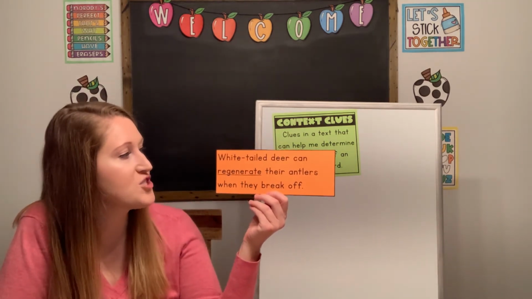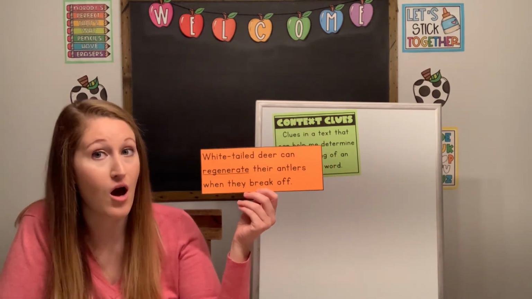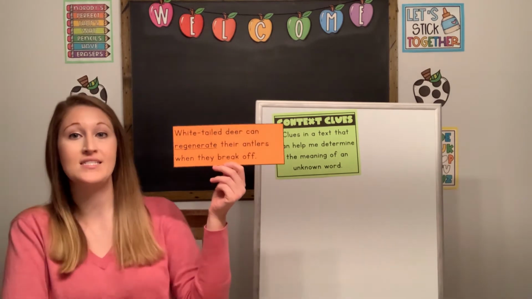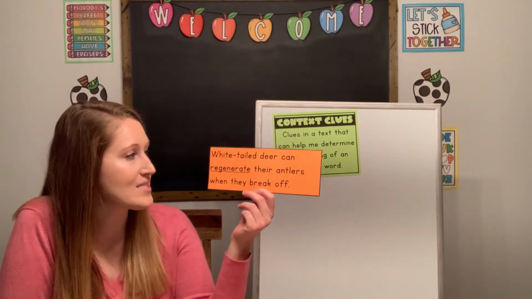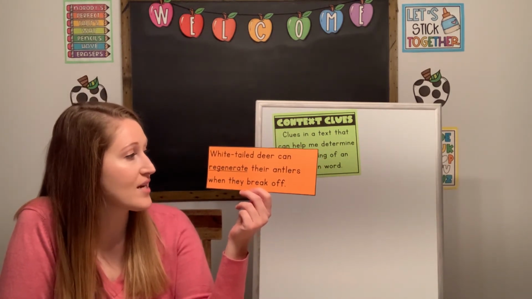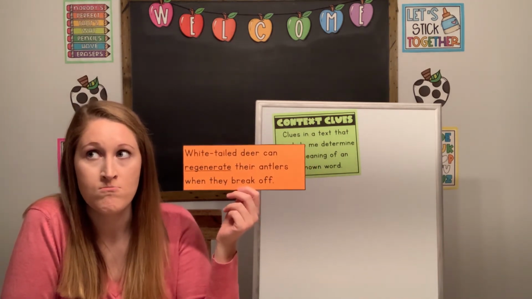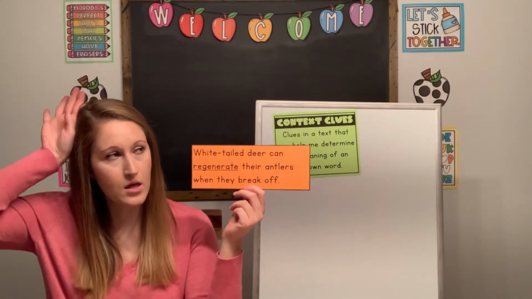Whitetail deer can regenerate their antlers when they break off. Now that key word here we're looking to solve is regenerate, and I'll read the sentence again. White-tailed deer can regenerate their antlers when they break off. Okay, so their antlers, they break off.